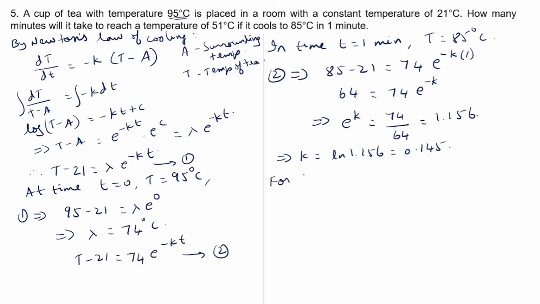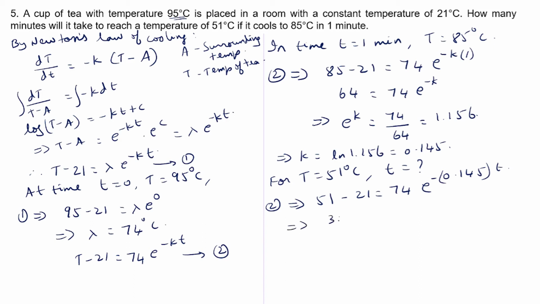So we need to find, for T equal to 51 degrees Celsius, the time taken to reach 51 degrees Celsius. So from this we have 51 minus 21 is equal to 74 into e raised to minus 0.145 into t.